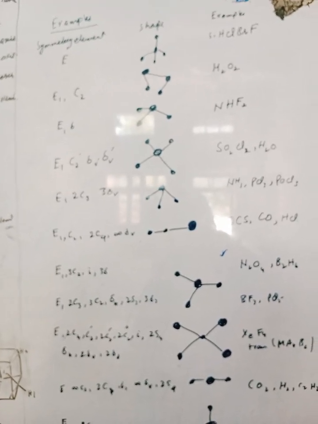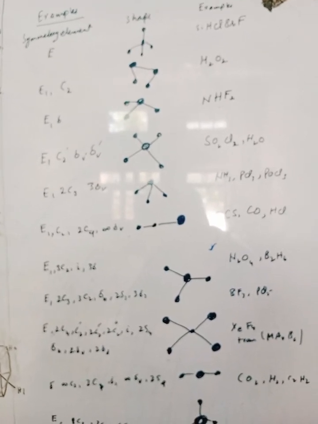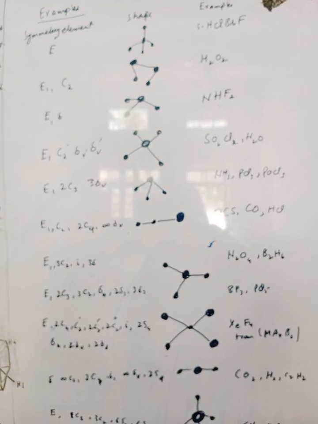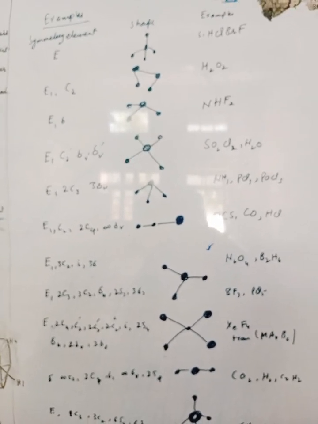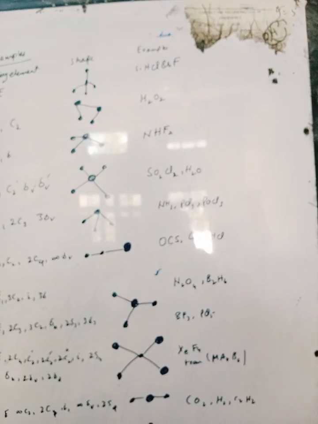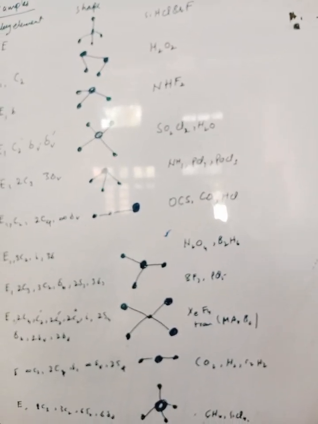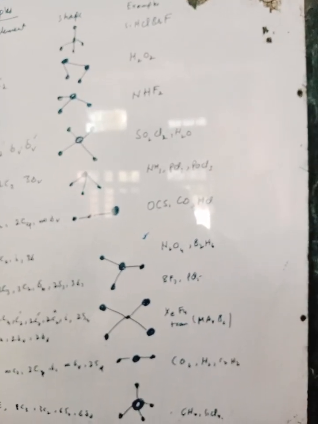Next, E and a plane of symmetry, then E, C2, and mirror planes at the vertical center. Examples are hydrogen peroxide, NHF2, sulfur dioxide, chlorine, and water.